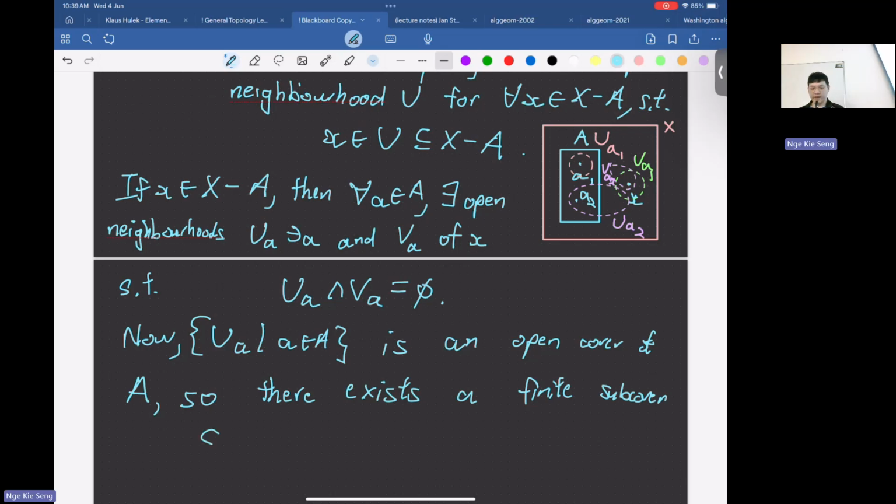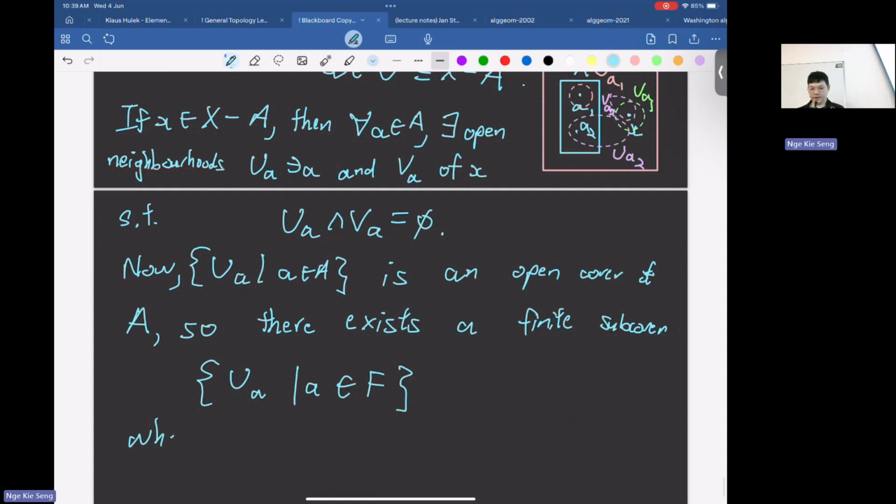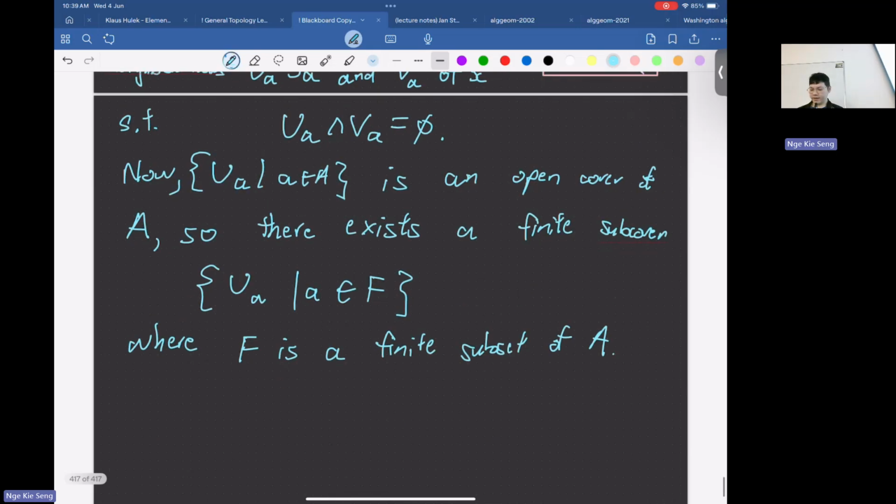Okay, subcover. Let's say our subcover is chosen from some finite set, so we name it F, where F is a finite subset. Okay, so what can you see here?